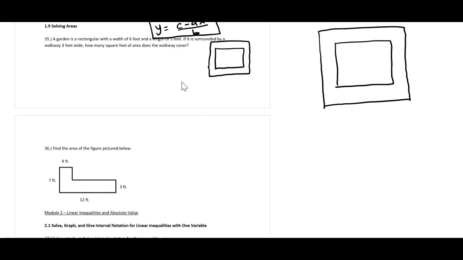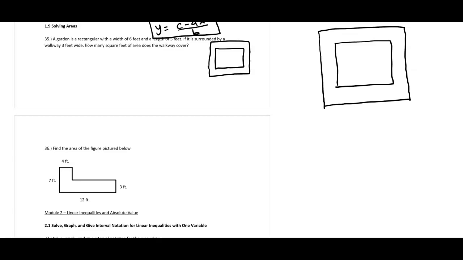On the garden, it says the width is 6 feet and the length is 5 feet. Actually, let me write it inside, because it's a little hard to tell which one I'm talking about.